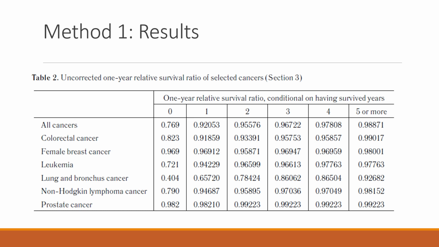Using the estimated 1-year relative survival ratios, we projected the 5-year relative survival ratios. Almost no projected 5-year relative survival ratios fell in the 95% confidence interval for the 6 types of cancers and all cancers. It is suggested that method 1 needs improvement.